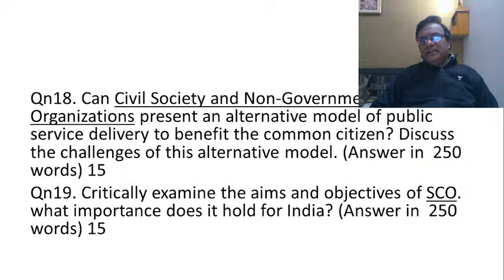Right, now coming back here, what importance does it hold for India? As we can see, what we are witnessing in international global geopolitics is a kind of triangular relationship developing between Russia, China, and Pakistan. Russia, China, and Pakistan are coming together to pose a threat to India.